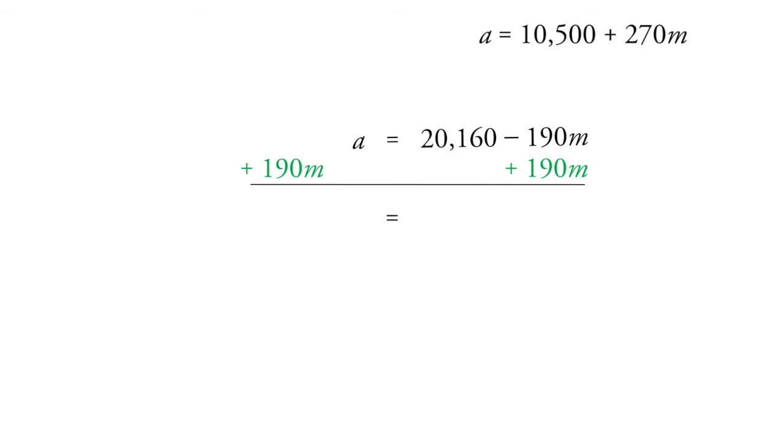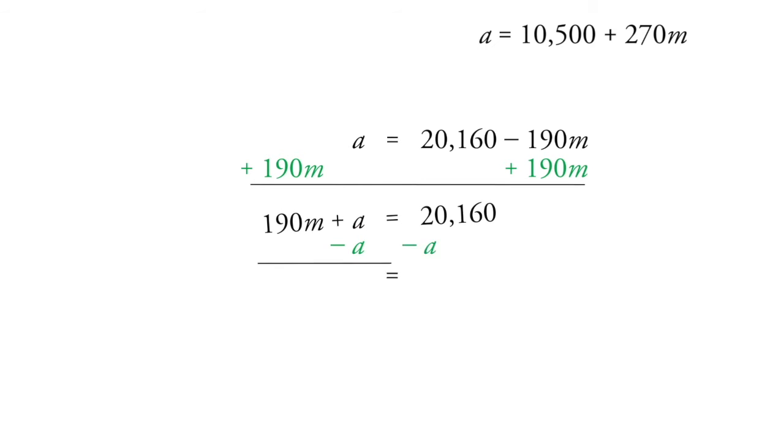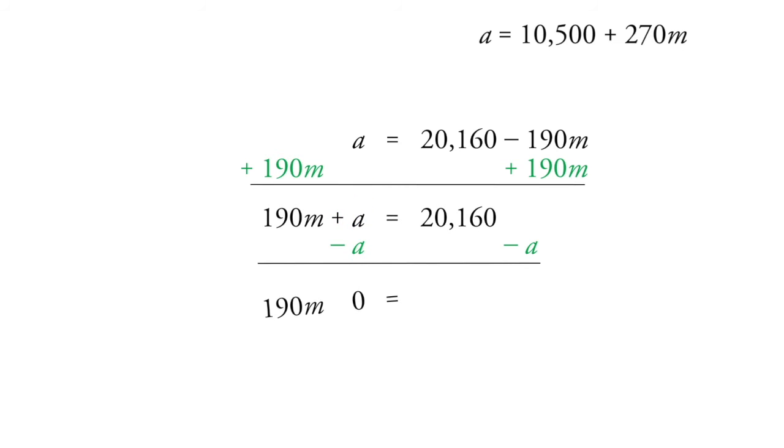So we'll add 190m to both sides. So we have 190m plus a equals 20,160. And then we'll subtract a from both sides, and we get 190m equals 20,160 minus a.